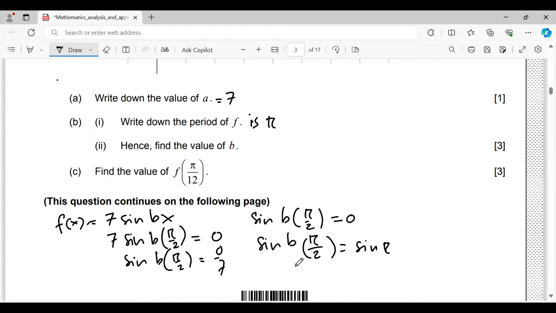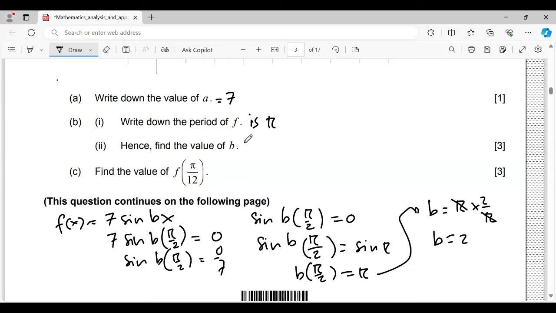So b times pi over 2 equals pi. So b equals pi times 2 over pi. Divide, b equals 2. Therefore my answer is 2.